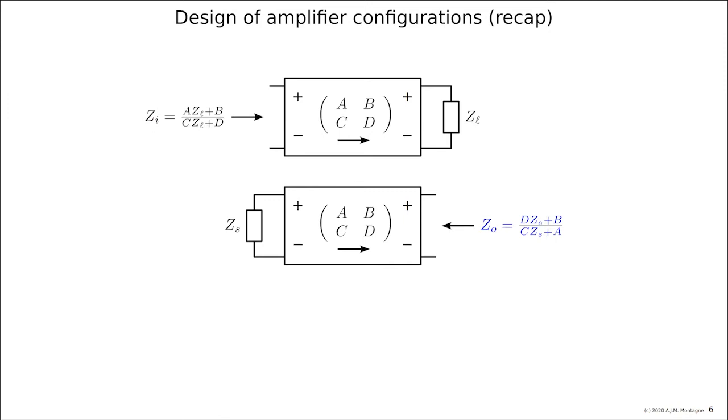So if we have requirements for both the input and the output impedance, we can try to find values for A, B, C, and D. For example, if we want to have zero input impedance, we know that A and B should be zero, and C and D, one of them at least, should be non-zero. If we want infinite input impedance, then C and D should be zero, and one of A or B should not equal zero.